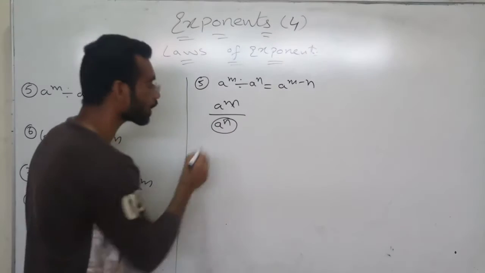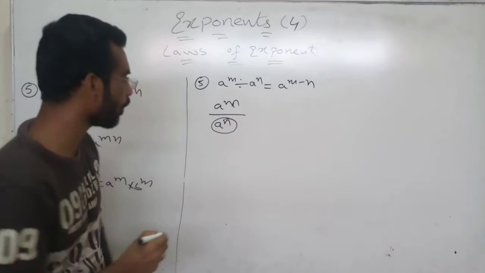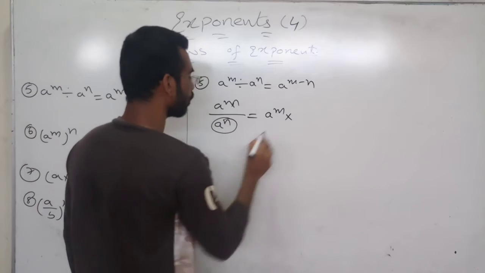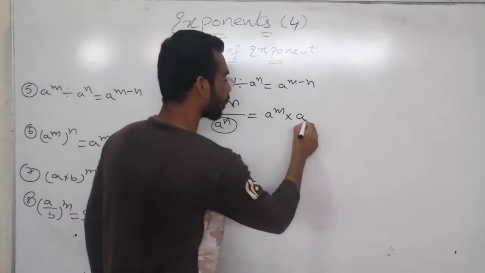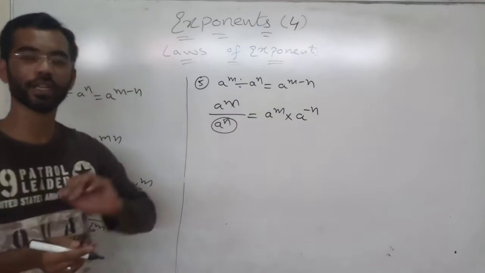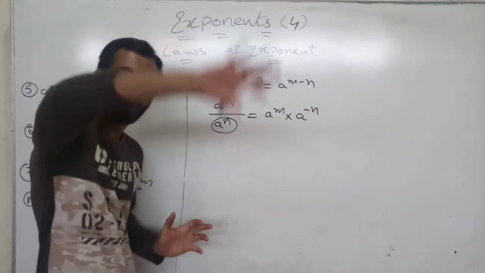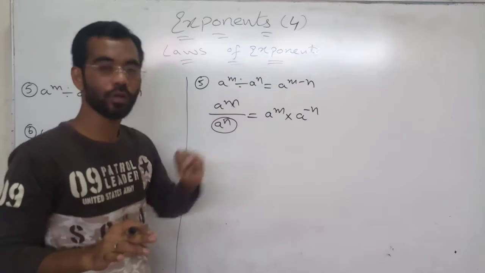Here the denominator is a power of n, so we can write a power of m into a power of minus n. Why should it be minus n? Because it is in the denominator. If you take it to the numerator, it goes to minus.